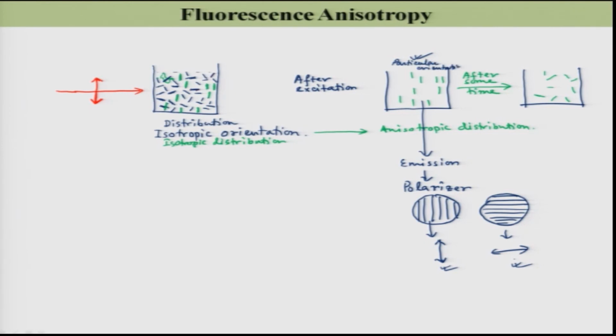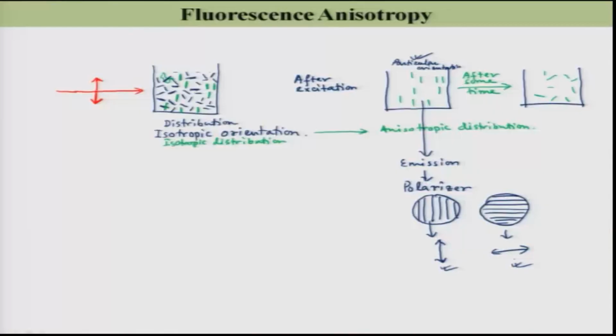A particular orientation means the emission is also coming out from a particular direction. The light which is coming out of the system, the electric field of this light is oscillating only in a particular direction, that means it is polarized, right. So, this is a kind of anisotropic distribution, anisotropic polarization, but as time goes the molecules will reorient themselves to make it isotropic. That means the light which will come out from this system after a certain time, the intensity in the vertical direction and the intensity in the horizontal direction will be similar.